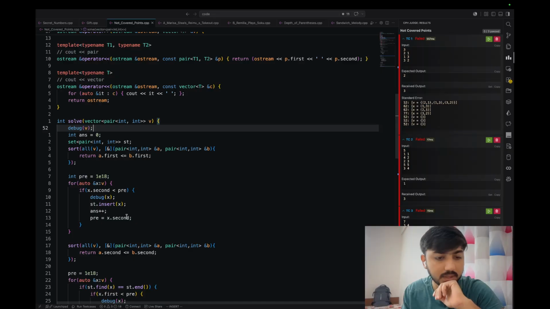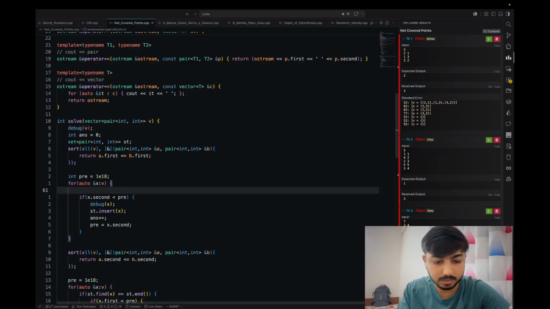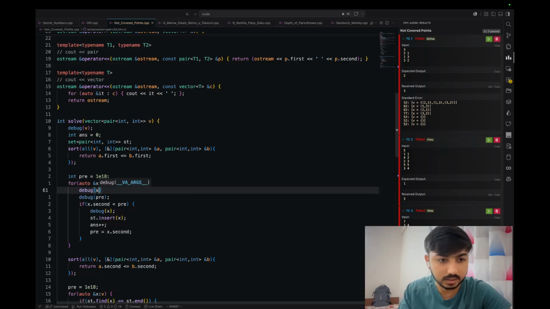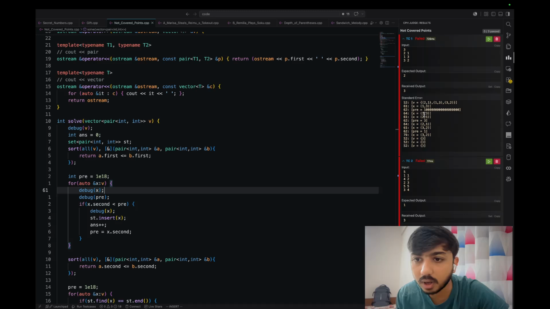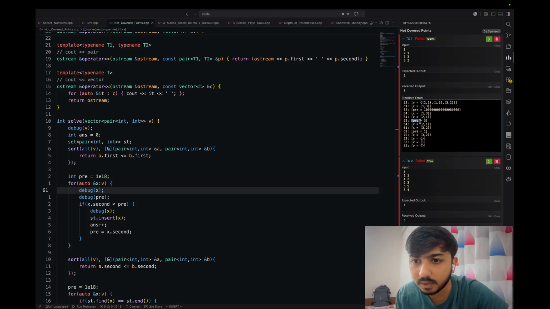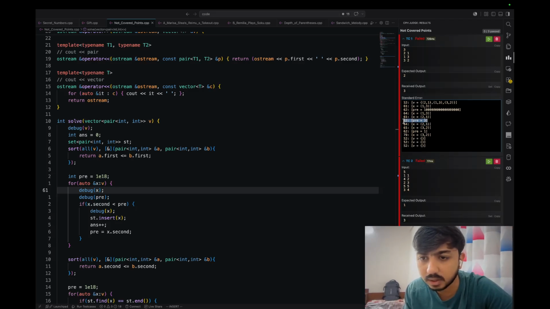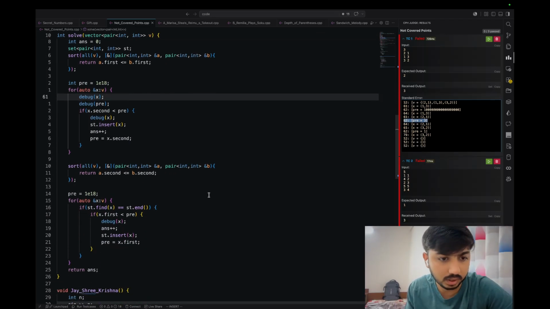Because what's previous? And what x is here? Previous is this. And previous is 3. We are not updating previous here. Okay.